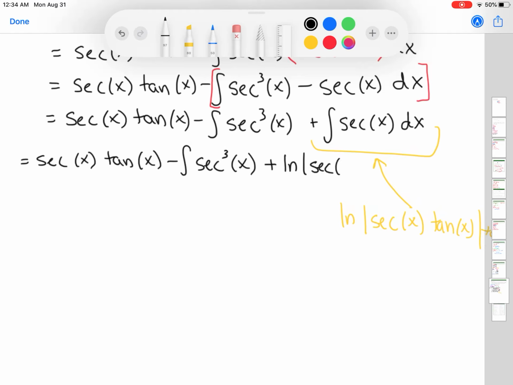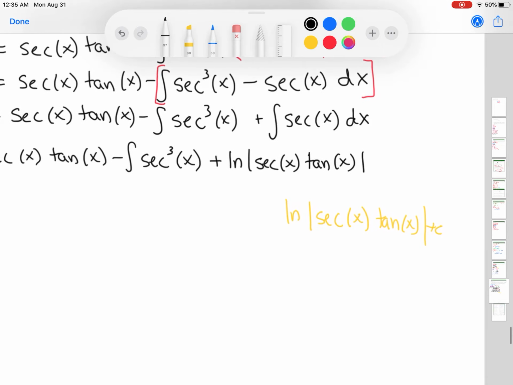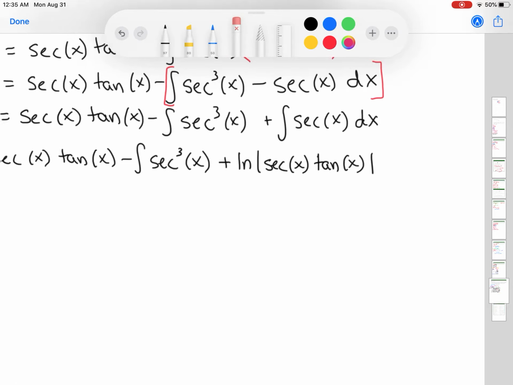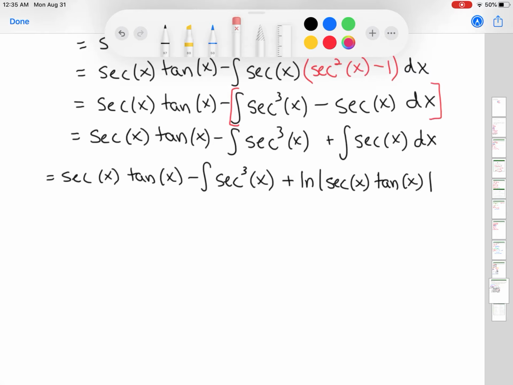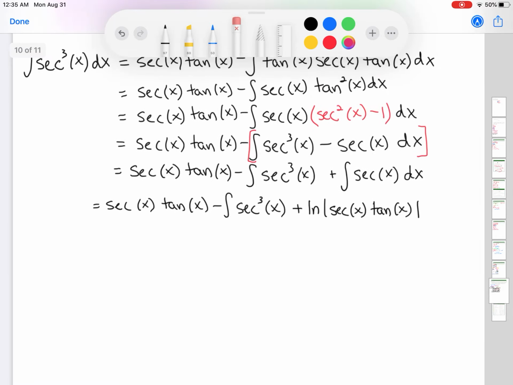I'm just going to bring it up: ln absolute value of secant x + tangent x. Then we'll close our absolute value, and there we are. And I can add a plus c. I'm going to take care of the plus c in a second, so just bear with me. Okay, so this is what I have so far.